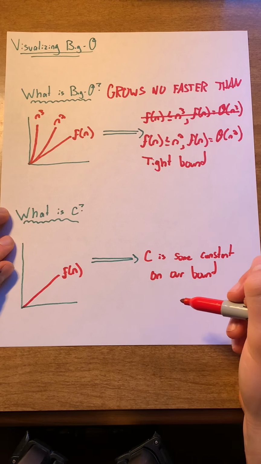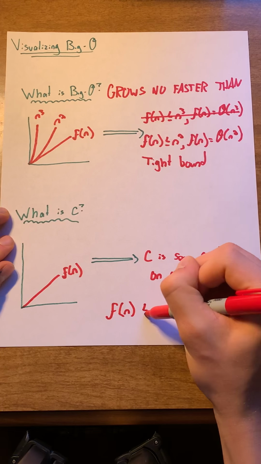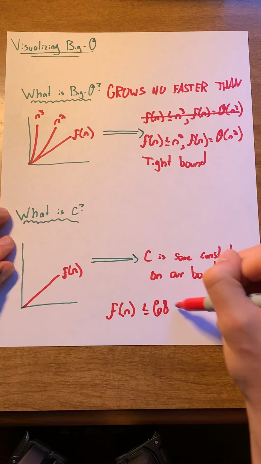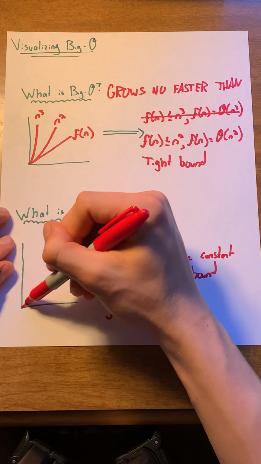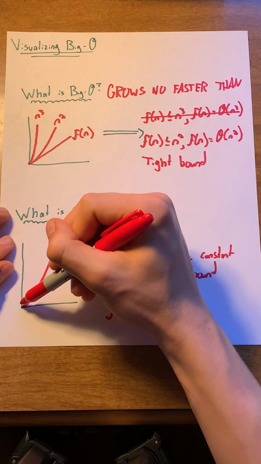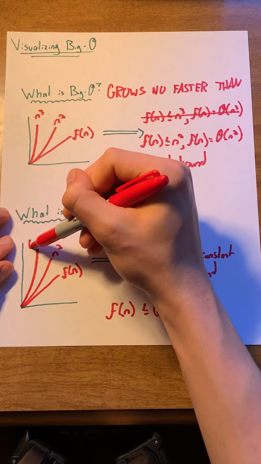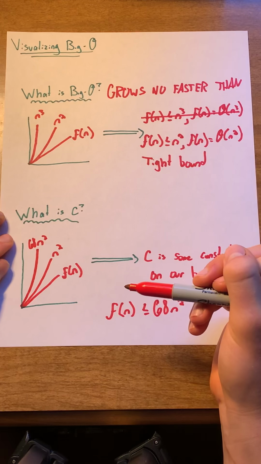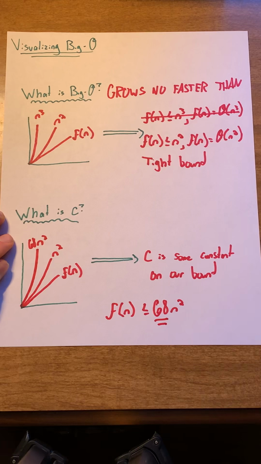So, for example, in one of your homework problems, you might have said, oh, f of n is less than or equal to 68n squared. Well, we know that regular n squared just looks like this. And by multiplying it by a constant term, we would get 68n squared. So the c value is just the constant that's always out in front.